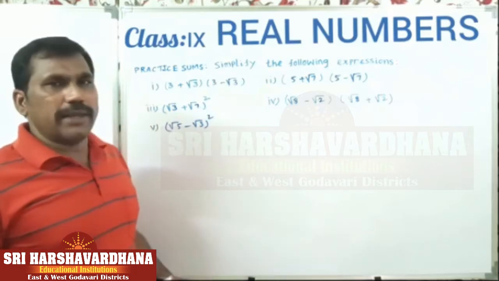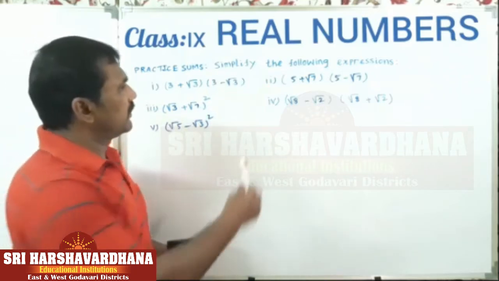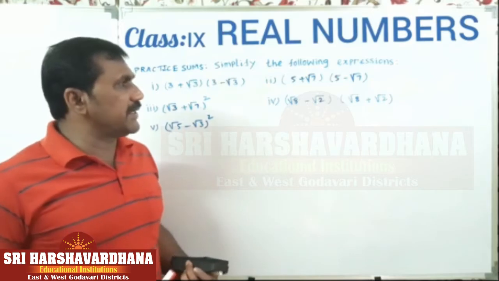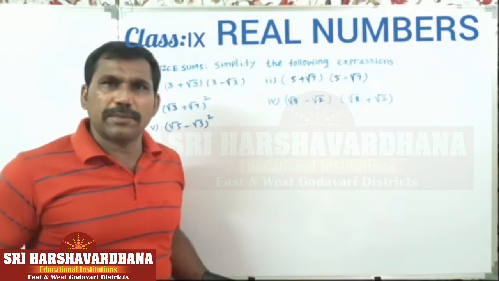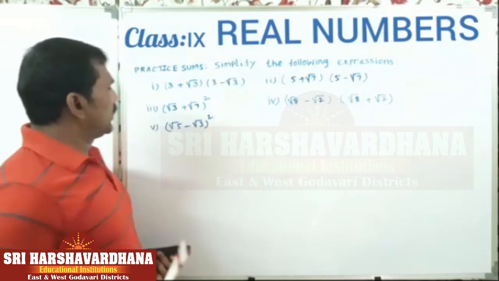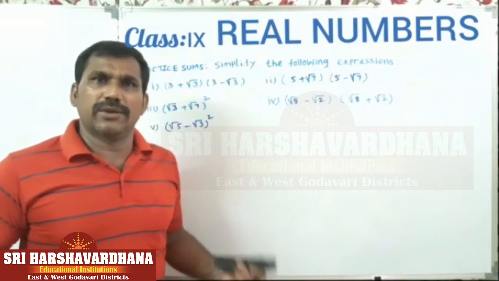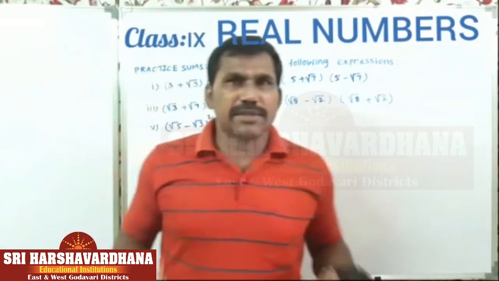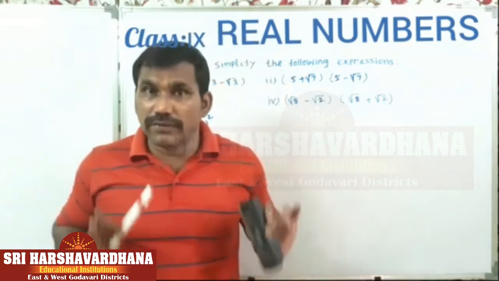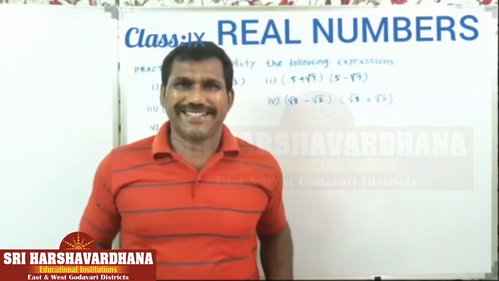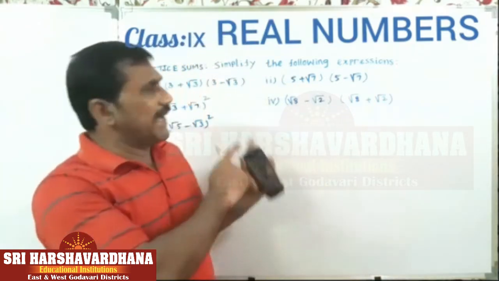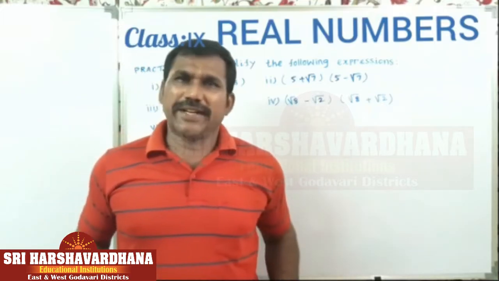Third one, (root 3 plus root 7) whole square. Fourth one, (root 8 minus root 2) into (root 8 plus root 2). Fifth one, (root 5 minus root 3) whole square. Children, these sums are similar to example 15. Remember that point. Okay. So, do them as homework.